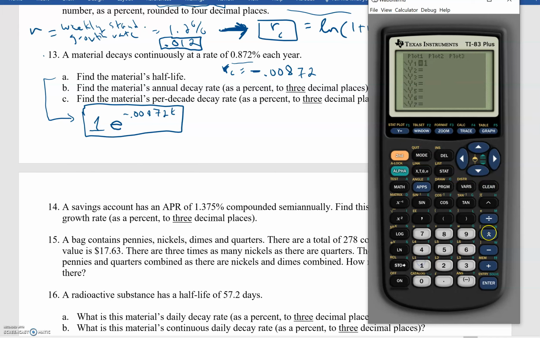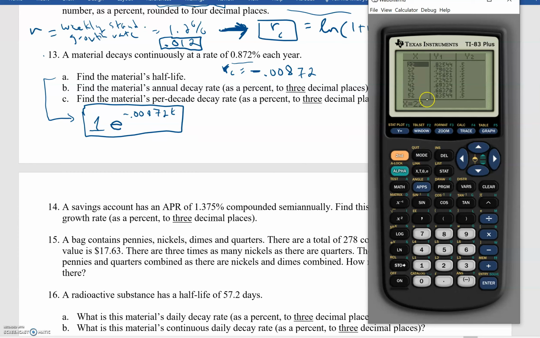So that's 1 times e to the negative 0.00872x, and then y2 is 1/2, 0.5. My table, actually this isn't bad.